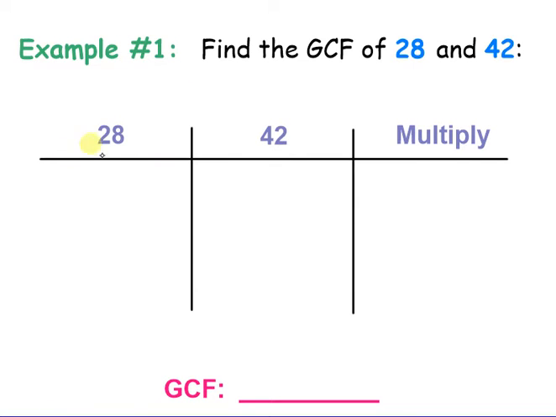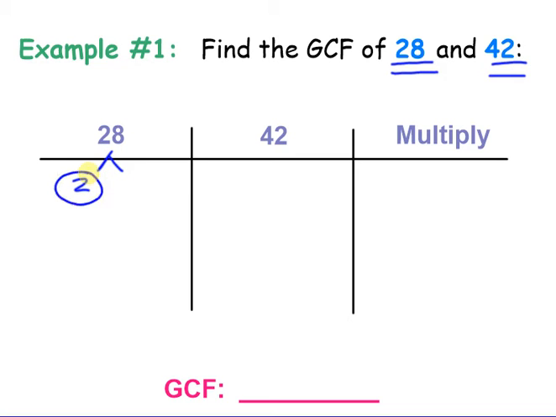So what you're going to do is you're going to make yourself a little chart here. I'm asking you to find the GCF between 28 and 42. And again, I can sit there and list out all the factors and find, again, the biggest one, the greatest common factor between the two of them. But here's another way. Let's make a factor tree for 28.